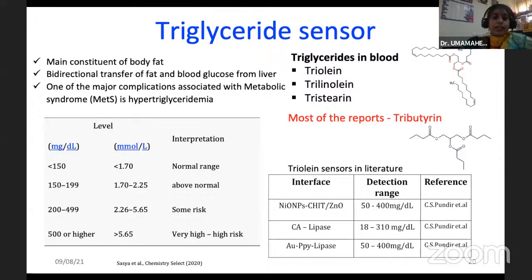In terms of clinical diagnosis, as I mentioned, any value above 150 milligram per deciliter is considered deregulated lipid metabolism.